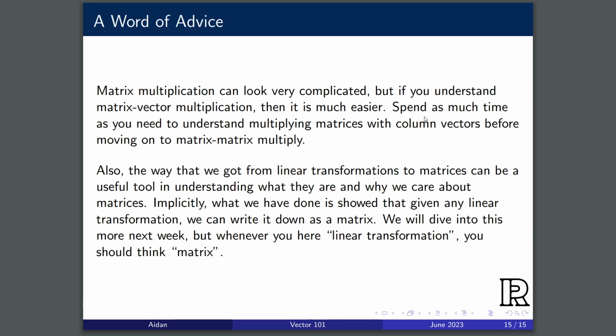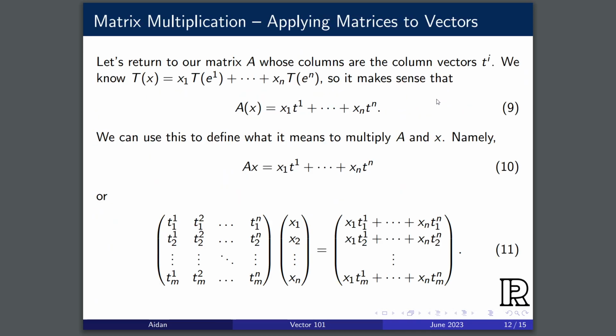What I walked through for you today is basically, if you give me a linear transformation, if you give me a function that I know is linear, I can give you a matrix that will basically do the job of that function, right? So if you look at our definition for applying this matrix to a vector, note the way we've defined it, multiplying x by A gives us the same vector as applying T to x. So really, applying T to x is identical to matrix multiplication, and that's why we defined it that way.